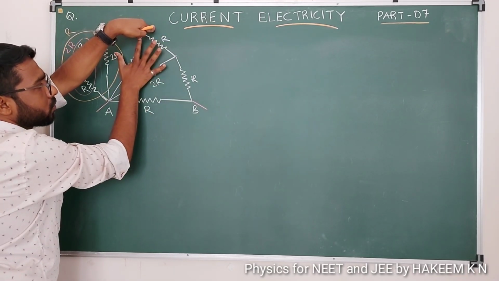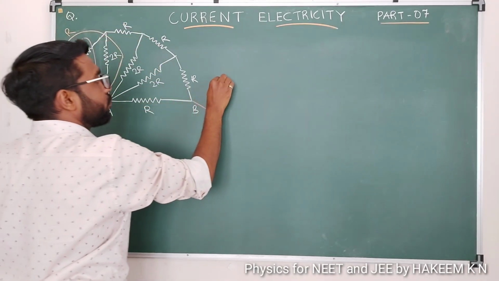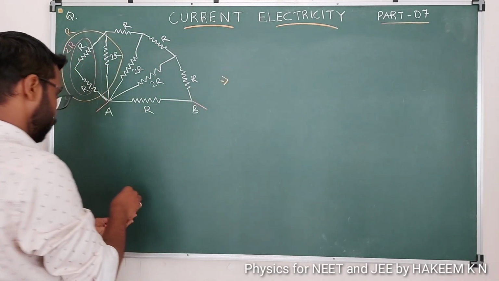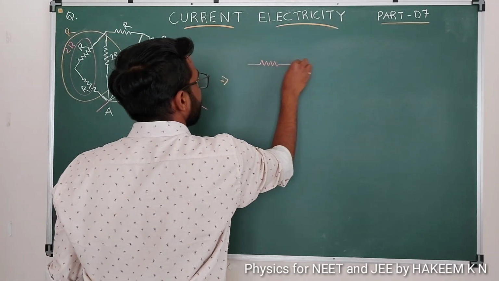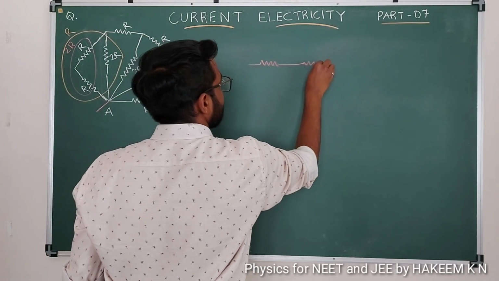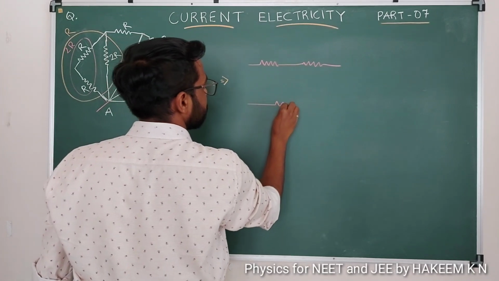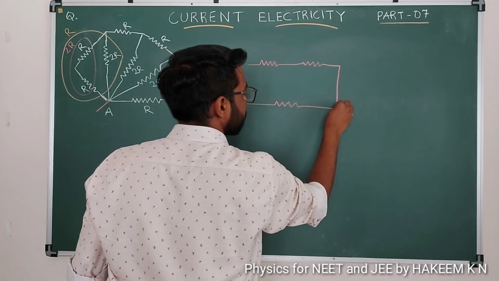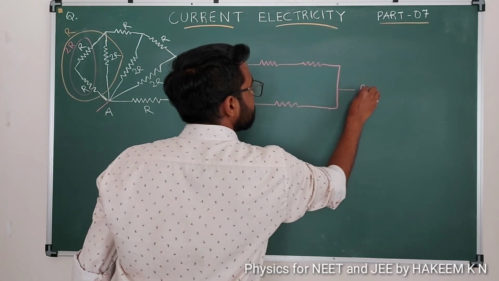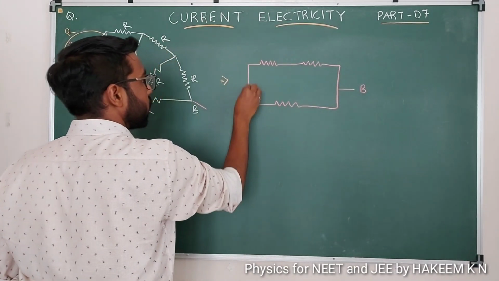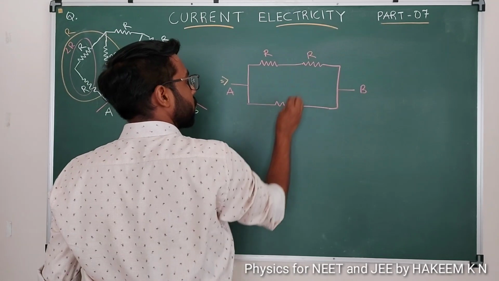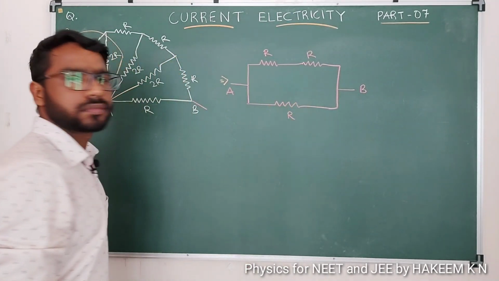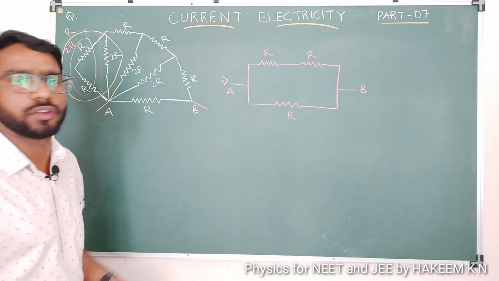We will get R. So effectively we can draw the network: R, R, R. Here it is B and here it is A. R, R, R. Okay, this is the equivalent network.